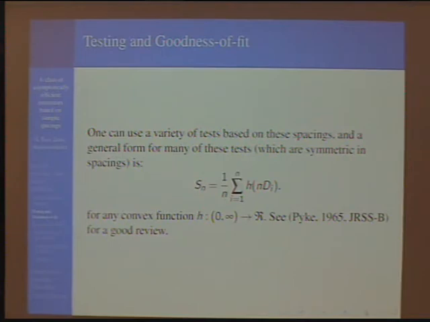Now, for doing this testing of goodness of fit, a general class of tests can be expressed in the form sum of h of n D i, where h is a convex function. This is a typical statistic. There's a nice review paper by Pyke going all the way back to 1965 that is perhaps worth reading.